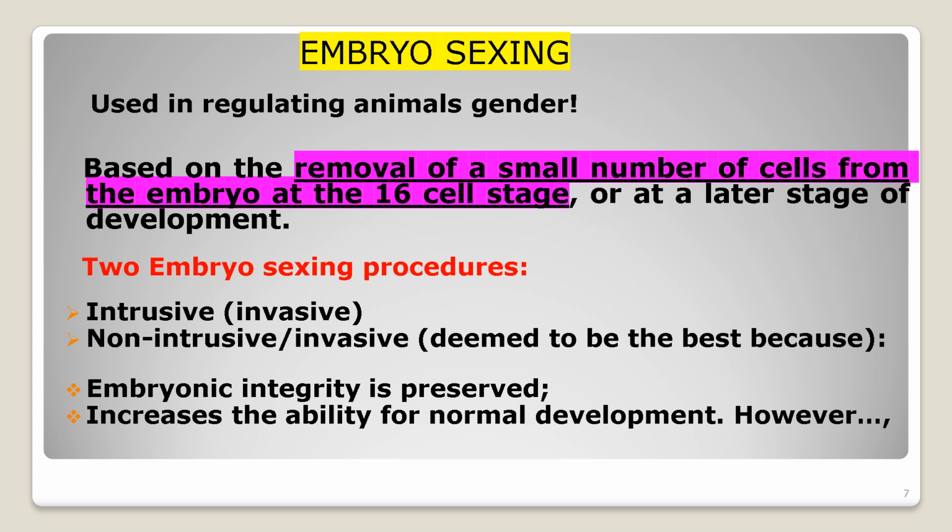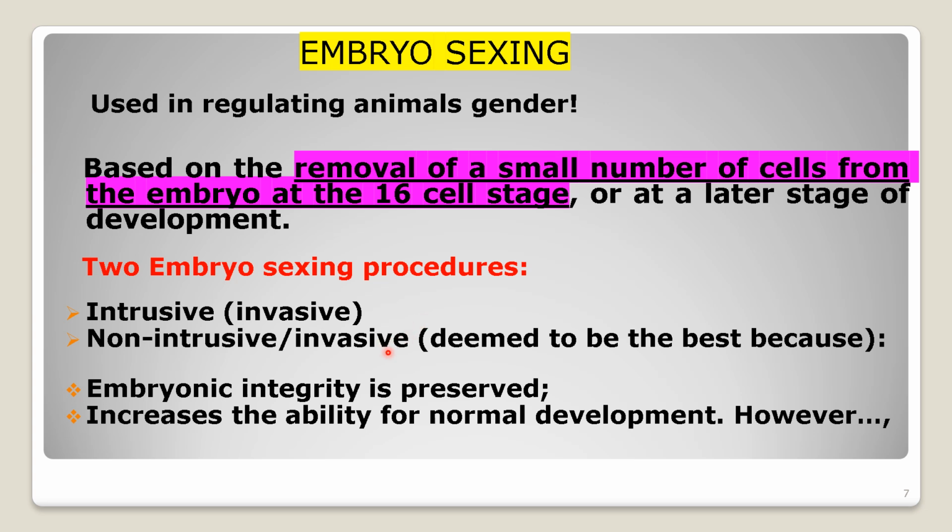As sperm are sexed, we can also do embryo sexing, and this is used in regulating animal gender. Embryo sexing is based on the removal of a small number of cells from the embryo at the 16 cell stage, or it may be done at a later stage of development. There are two embryo sexing procedures: the intrusive or invasive, and the non-intrusive or non-invasive procedures.